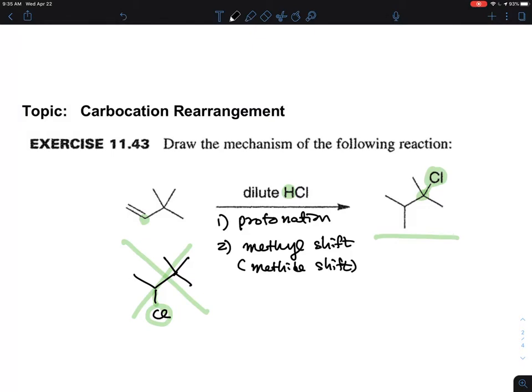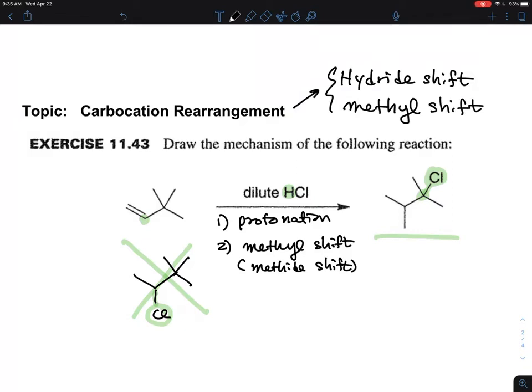When I took my organic chemistry before, the methyl shift was a little less common. There is a hydride shift, and they are cousins to each other. If the hydride shift is not available, then they will do the methyl shift. So this comes in that kind of priority.